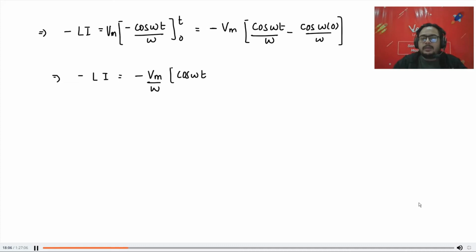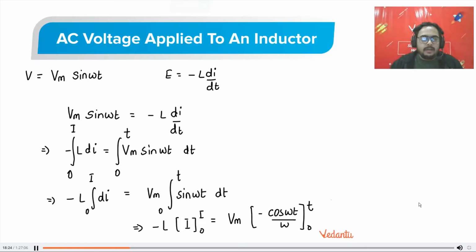How much is cos 0? It is equal to 1. Have I done some mistake here? Minus Li is equal to Vm by omega into cos omega t minus 1.